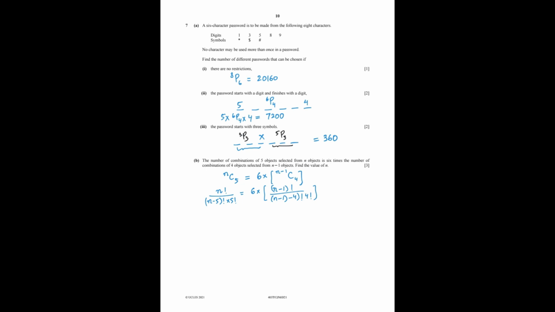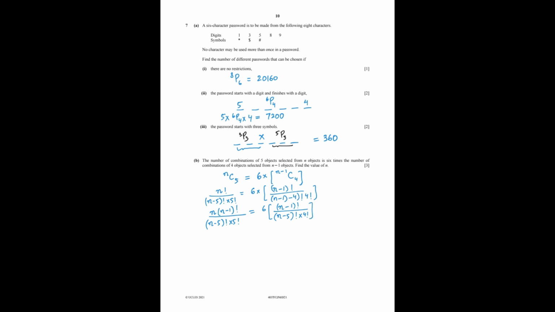So n factorial can be written as n into n minus 1 factorial divided by n minus 5 factorial into 5 factorial equals 6 times n minus 1 factorial divided by n minus 1 minus 4, which leads to n minus 5 factorial, into 4 factorial.